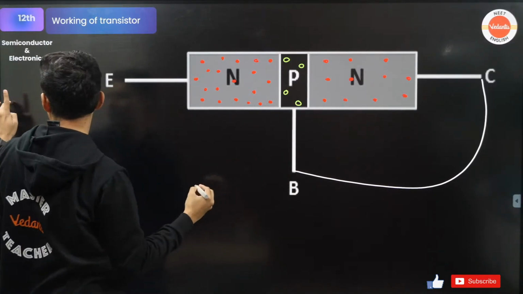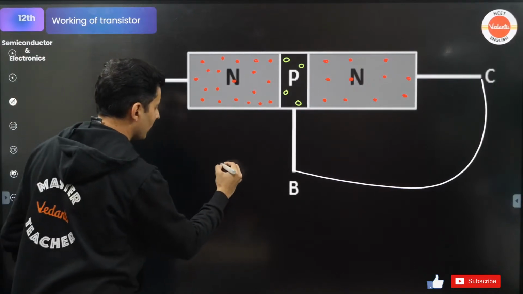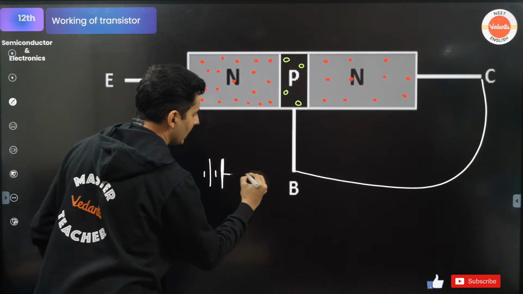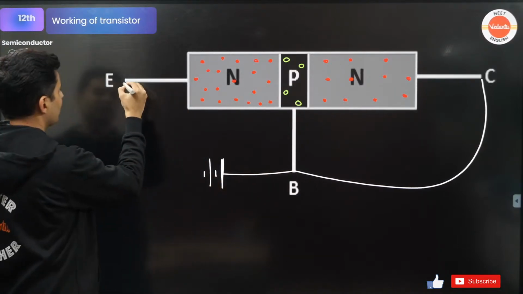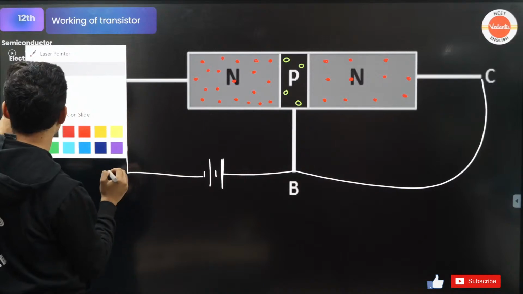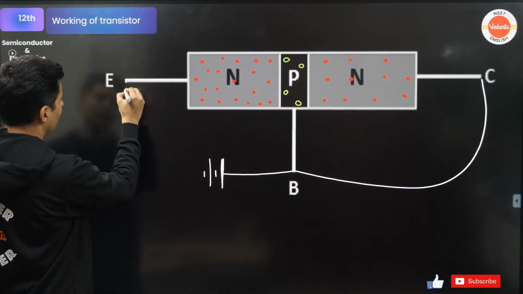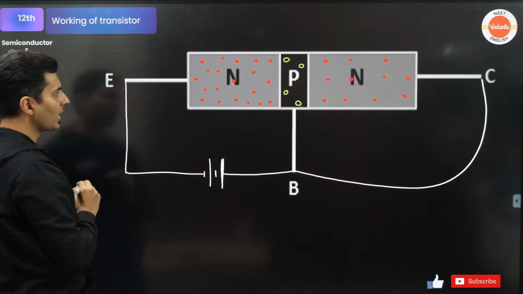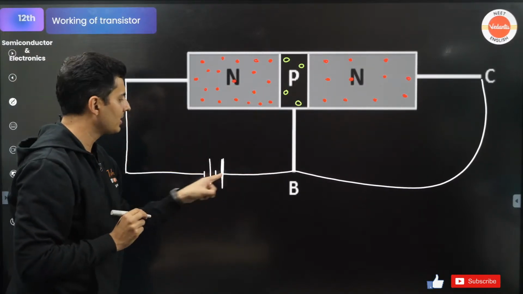I'll make a positive terminal over here and connect it to the base. This will be connected to the negative side, because it has to be in forward bias. Great. N is connected to negative, P is connected to positive.